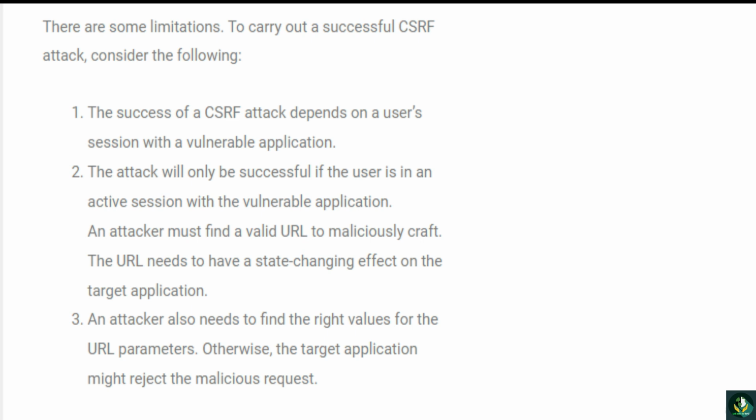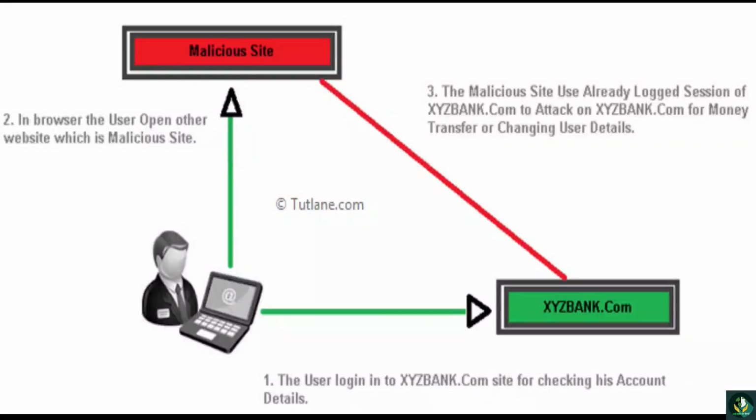An attacker must find a valid URL to maliciously craft. The URL needs to have a state-changing effect on the target application. An attacker also needs to find the right values for the URL parameters, otherwise the target application might reject the malicious request.